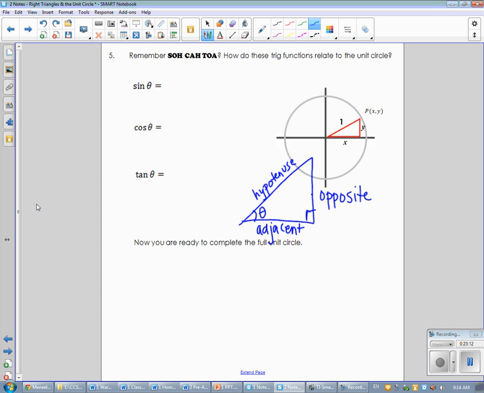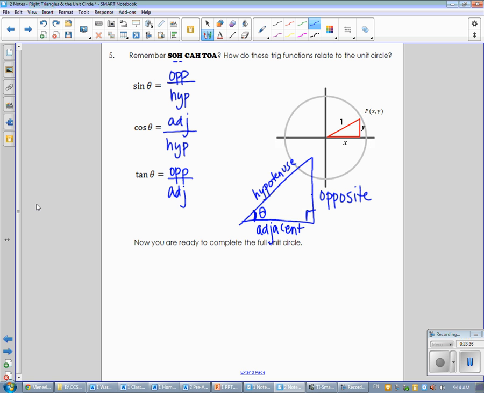Sohcahtoa basically reminds us that the sine of theta is the opposite side over the hypotenuse. The cosine is the adjacent side over the hypotenuse. And the tangent is the opposite side over the adjacent side.